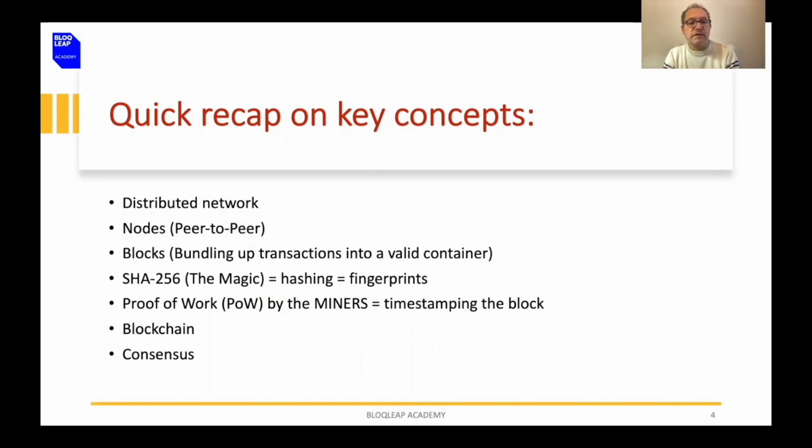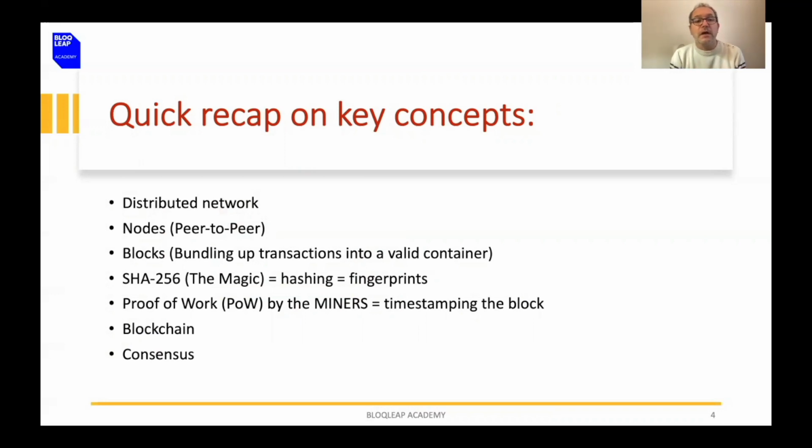If you don't understand one, go back to the previous videos, because they all have the name of the topics. Please pause and take at least 5, 6 or 10 minutes to double check that you understand. For instance, distributed network, yes, I understand, tick, etc.